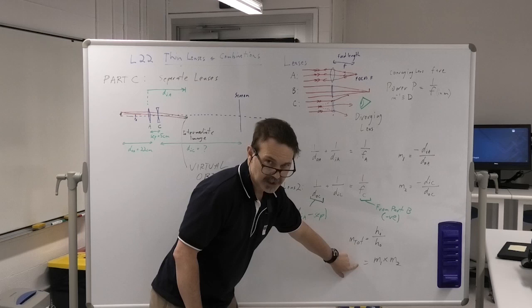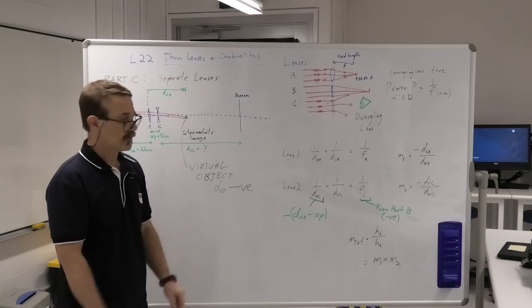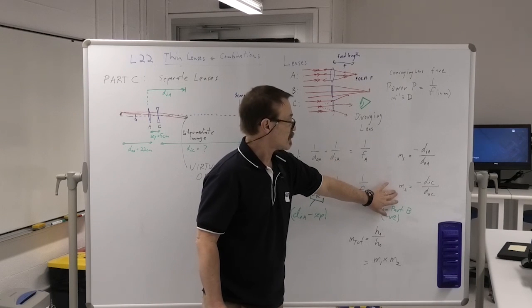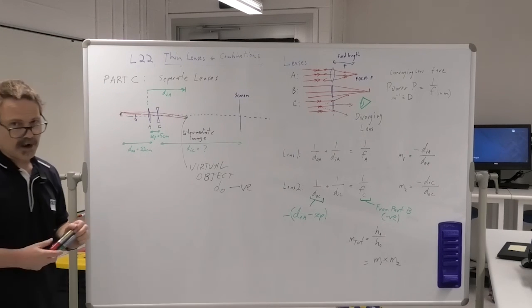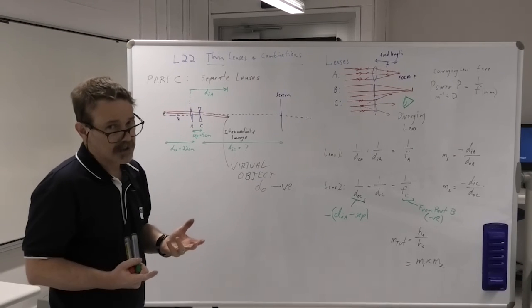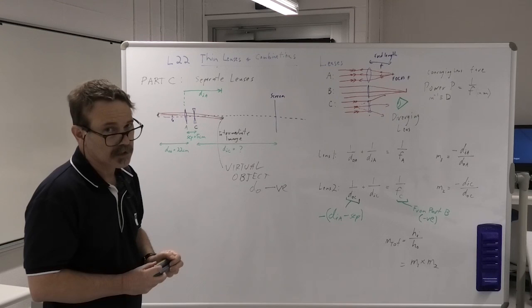The overall magnification, when you've got two lenses, you just multiply the two magnifications together. Get the magnification of lens A, the magnification of lens C, multiply them together, and you should get the right answer very roughly. Very roughly, I hope. Good luck with L22.